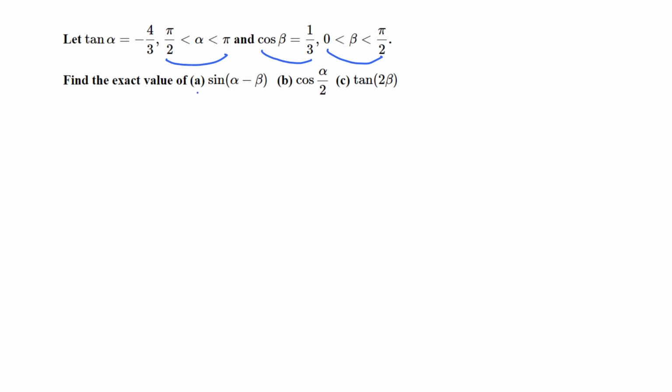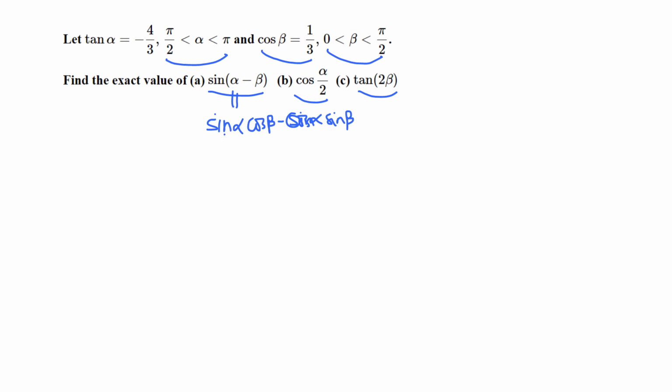Now we are asked to find the exact value of sine of alpha minus beta, cosine of alpha over 2, and tangent of 2 beta. We know that sine of alpha minus beta is not simply sine alpha minus sine beta. Looking at the formula, this one is sine alpha cosine beta minus cosine alpha sine beta.